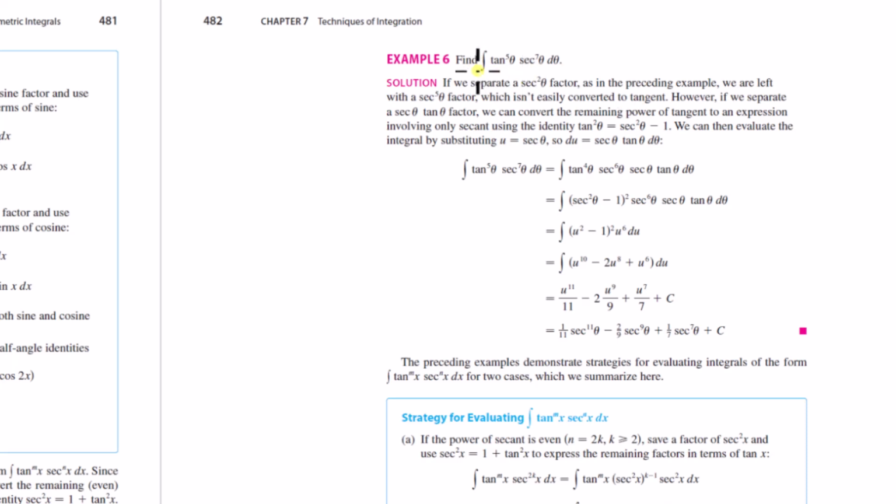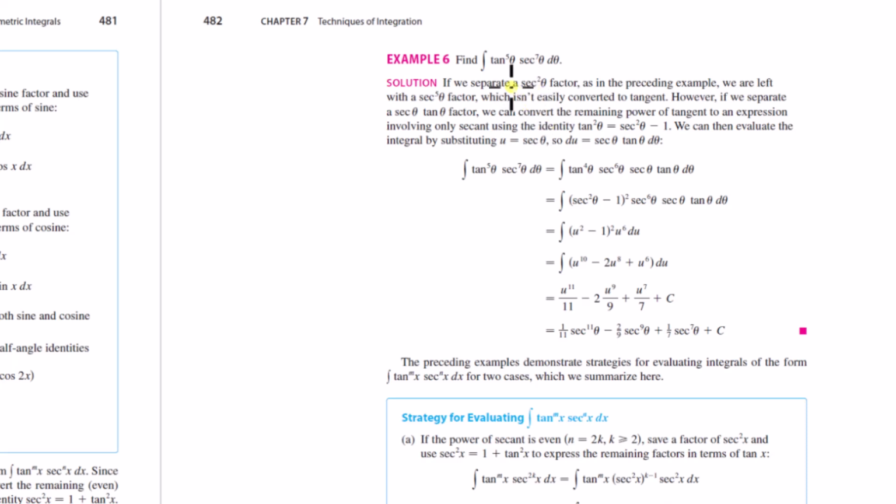All right, now here we've got two odd powers, an odd power of tangent times an odd power of secant. And so here we're going to be taking out a secant x tangent x, and then making the substitution that u is equal to secant x, or secant theta here. So we separate out a secant squared factor, and we're left with secant to the 5th.